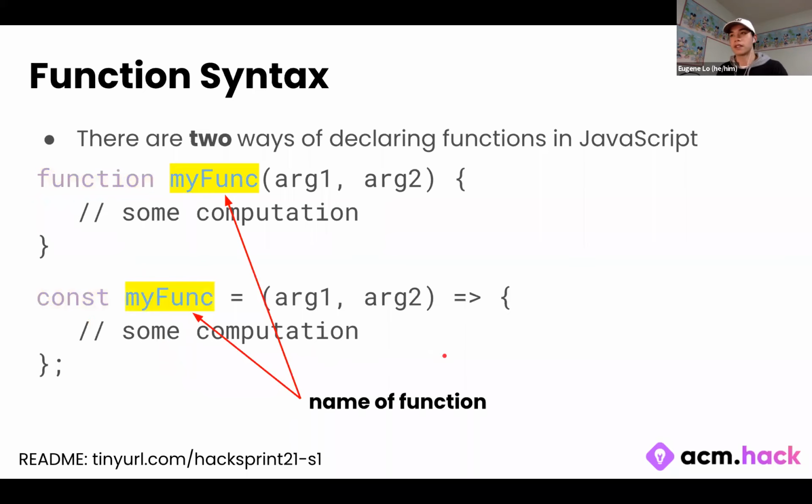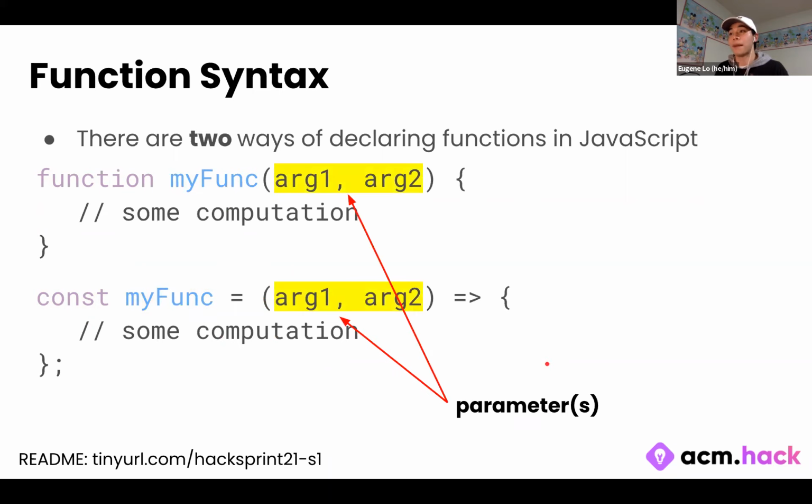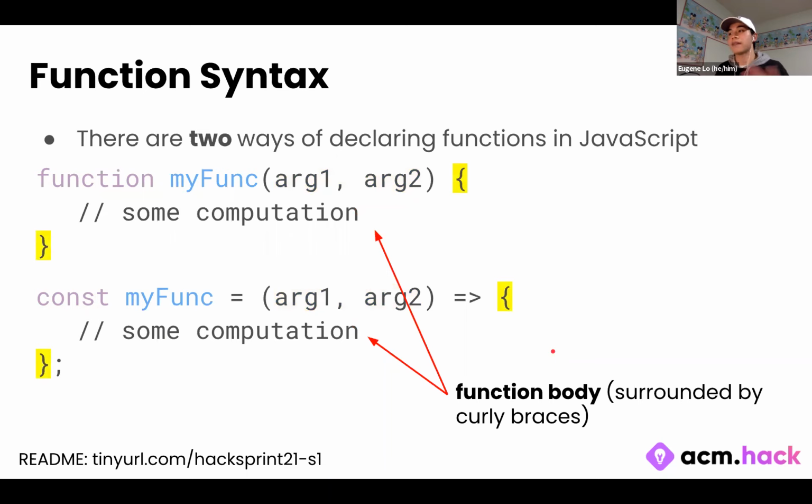Then comes the name of the function. In both cases, I've called both of my functions myfunc. You'll have your parameters that you pass in, and in both of these cases, I have two parameters, which is arg1 and arg2. And lastly, you have your function body. So this is where all the magic computations are being done, and they're surrounded by curly braces in both cases.